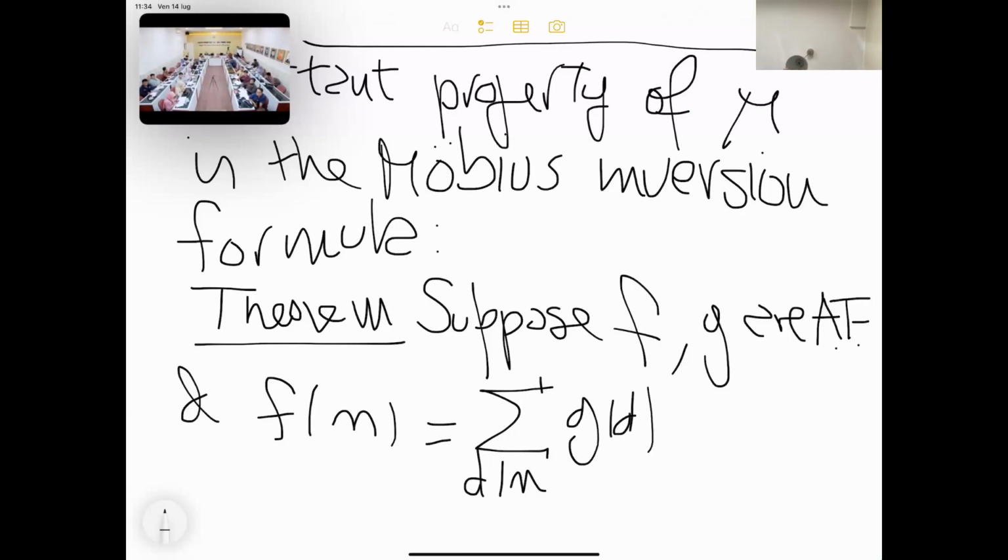One sometimes calls f the Dirichlet transform of g.